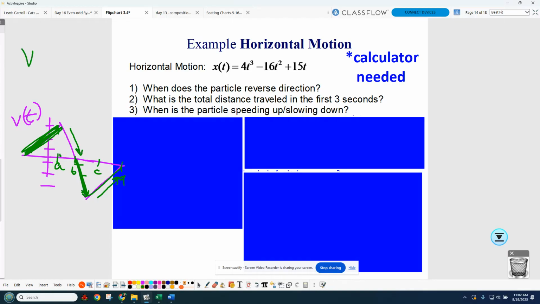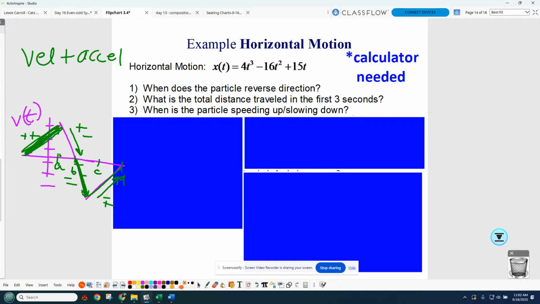Positive velocity, positive acceleration; negative velocity, negative acceleration; positive velocity, negative slope to velocity; negative velocity, positive acceleration.